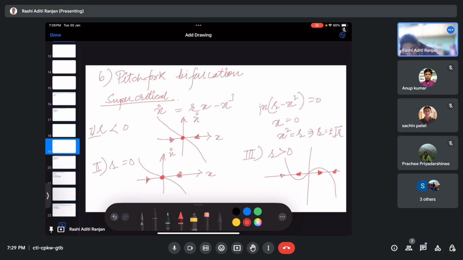And this. So what happens now? Now 0 has become an unstable fixed point, and these two values have now become stable fixed points. So is this the case of the buckling of beam? Anyone?